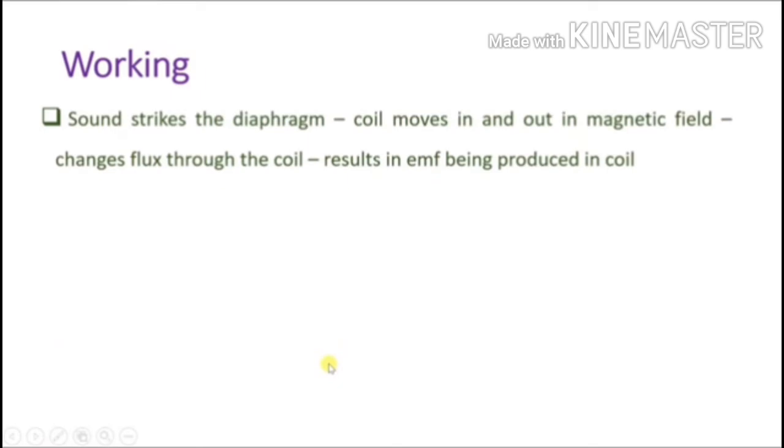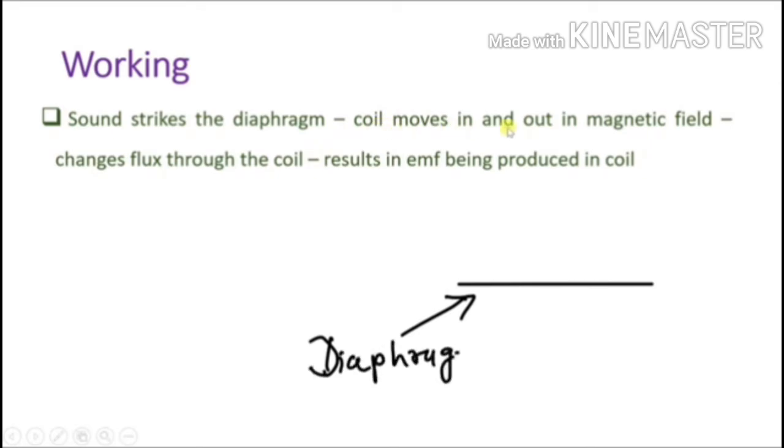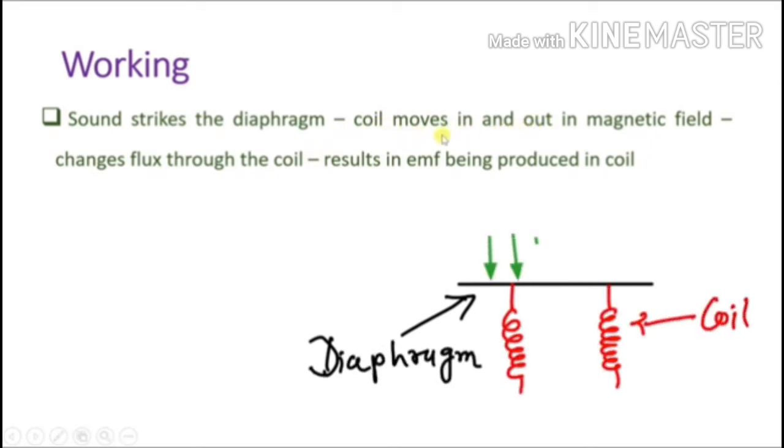Now, as we have discussed the working, when sound strikes on the diaphragm, there will be a motion of the coil. That motion of the coil in and out in the magnetic field will change flux through the coil, and that change in flux through the coil will generate EMF.